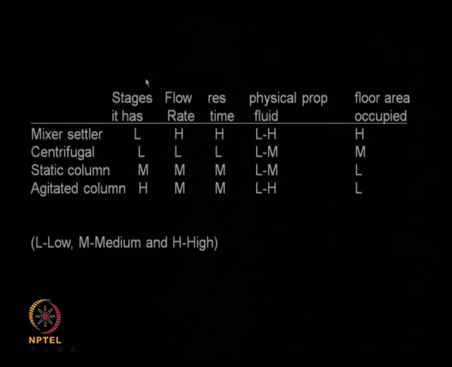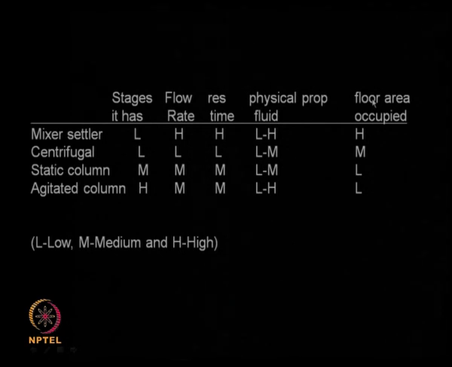So one important thing is the number of stages present in each design, the flow rate, that means the throughput, what is the residence time, what type of physical properties of the fluid can be used, and what is the floor area occupied.